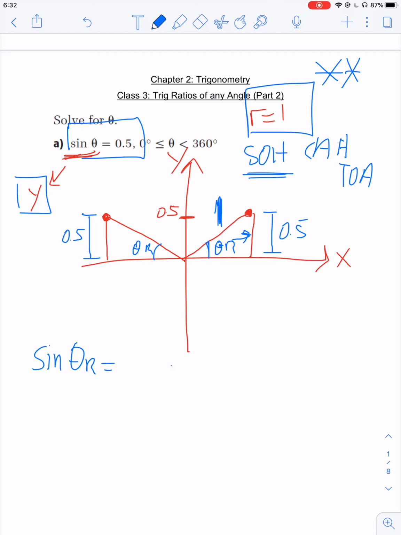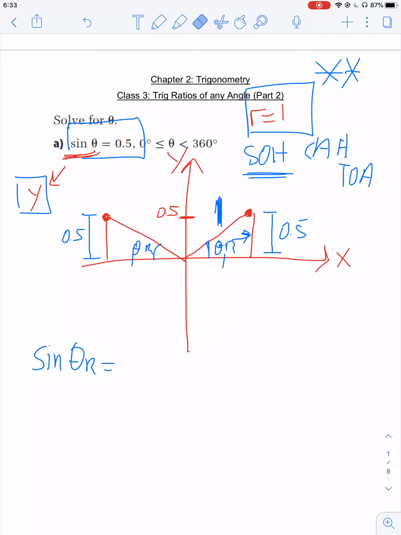And because I've always asked you to consider your lengths to be positive, it's essentially the same triangle, because this length and this length, they're equal, right? And because I'm asking you to use positive values, they're exactly the same. But yeah, so let's just find the reference angle first, and everything else will make sense.